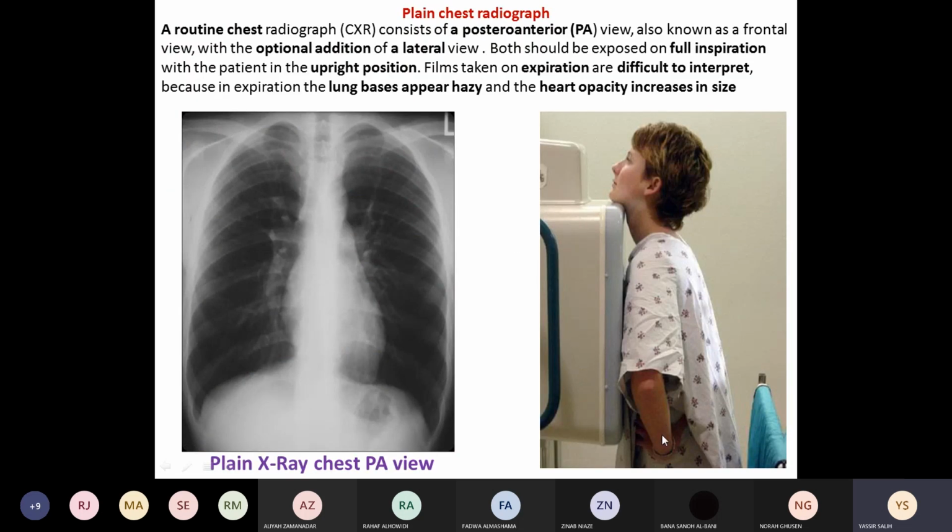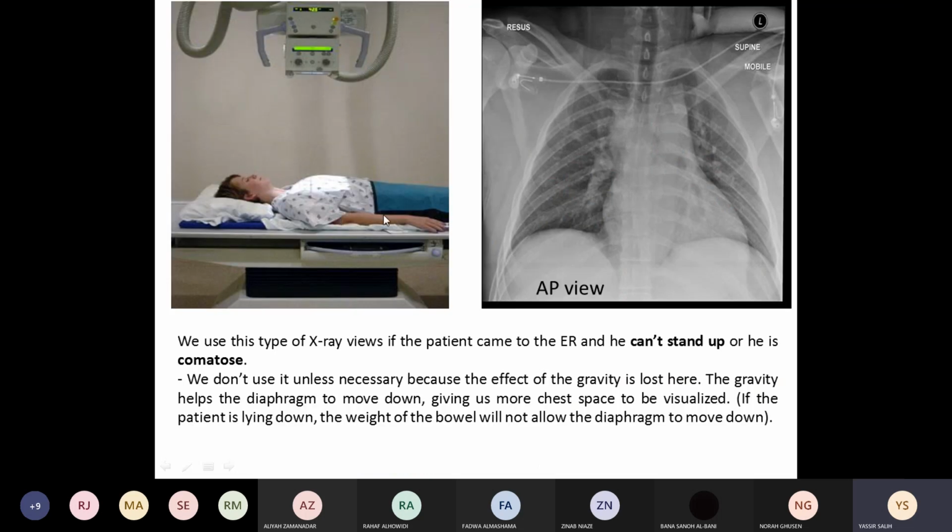The patient should put his hand like this and abduct the hand, so the scapulae are displaced from the lung field. But in AP, the hands are put at the side of the chest, so the scapulae may cover the area of the lung. This is the most important difference between the AP and PA.